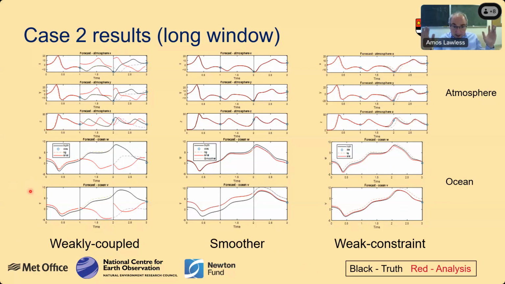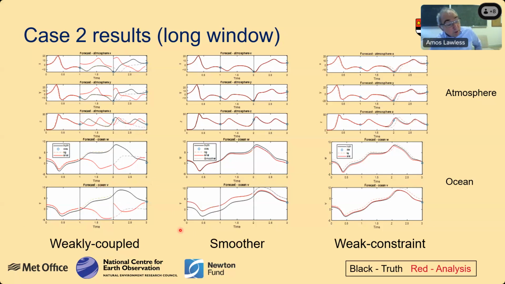And because we're using these short windows of 1 time unit now, the weakly coupled system really goes off track and never recovers. So the standard system never recovers, and even the atmosphere fields go off track, fed in by the ocean.